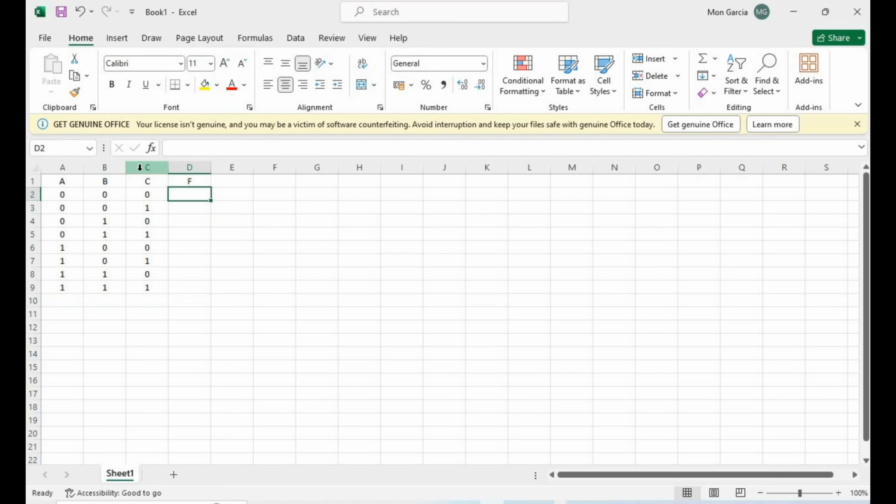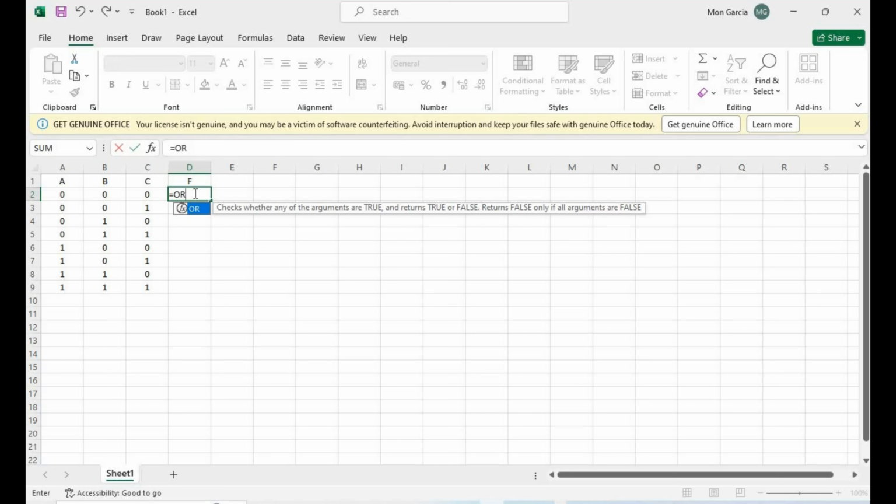For the function, since our function is not A plus B and not C, that would be equal to our function: not A and B and not C. So if the answer is true, that is 1.